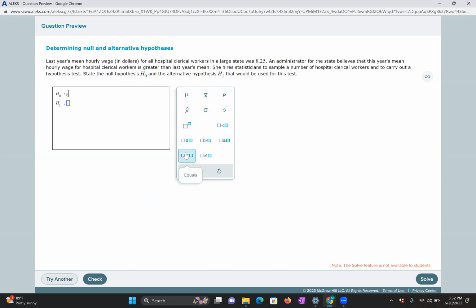We're going to say mu is equal to 8.25, and the alternative hypothesis is that mu is greater than 8.25. There you go.